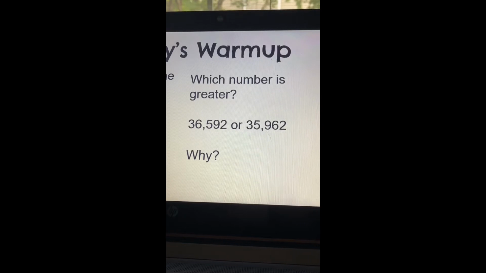Which number is greater, 36,592 or 35,962, and why?